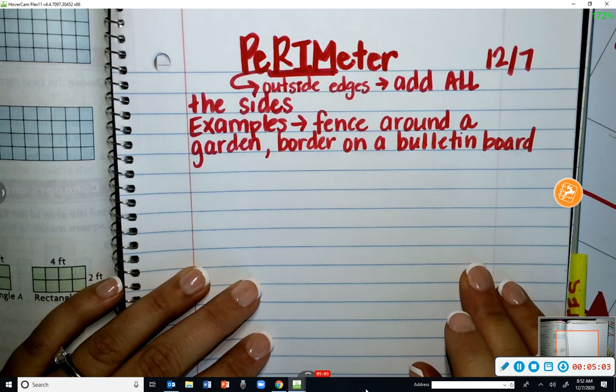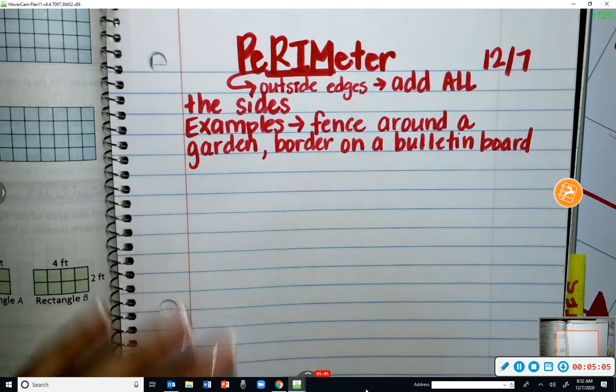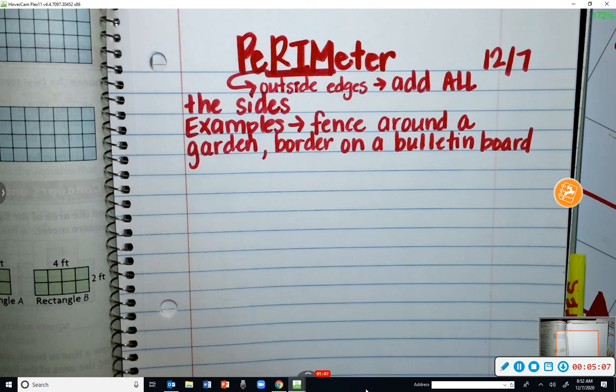Look around the bottom of the floor. And those of you at home, you may want to look around the edges of your floor in your room or your house. What do you notice is going around the whole room? Look at that purple strip or maroon strip going around the room. Is that perimeter? Yes.